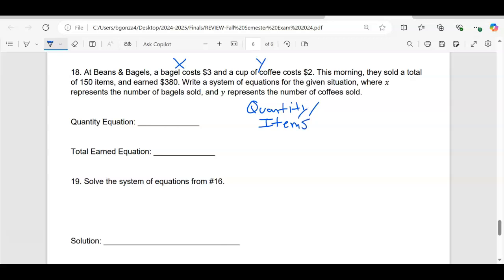This morning they sold a total of 150 items, that's why I call it that, and earned $380. Write a system for the given situation where x represents the number of bagels sold and y represents the number of coffee sold. So what we do is we add up our items, x plus y, however many bagels plus however many cups of coffee, however many total items, which we said was 150.